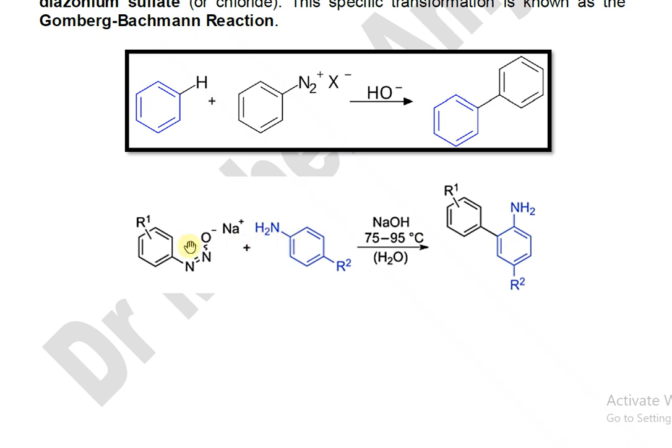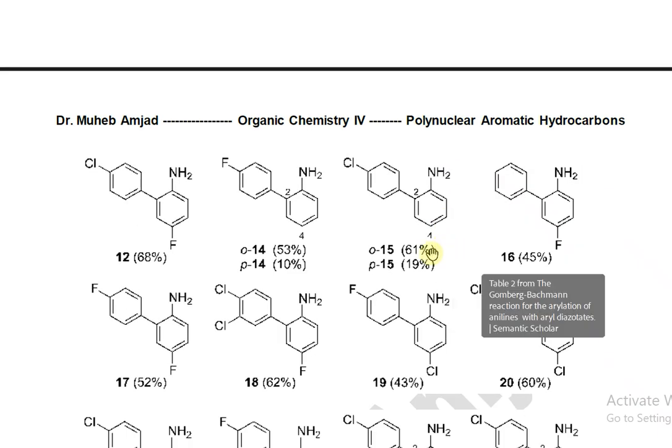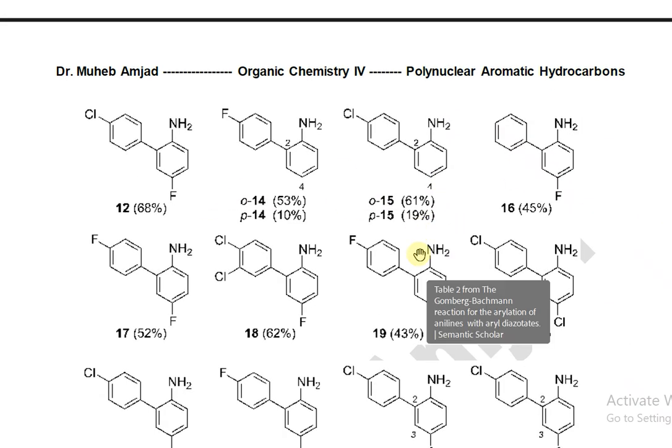So it will have coupling between the diazonium salts and the aniline compounds to give us the derivatives of the biphenyl compounds. Okay, we have here NH2, R group, and this R group will be different. And here are the examples for these different compounds.